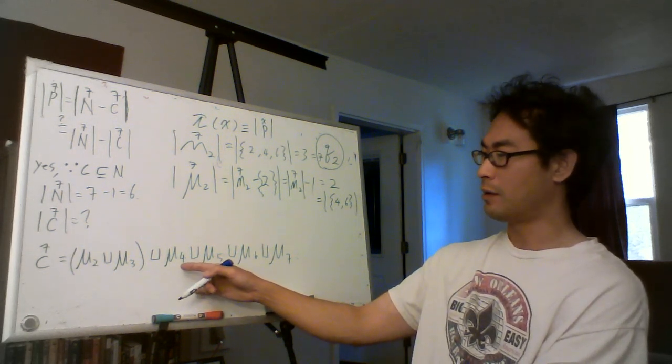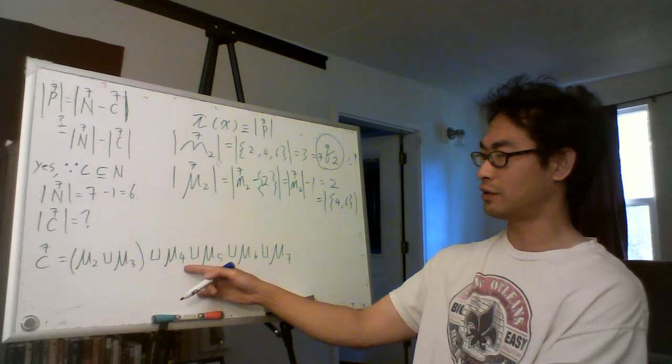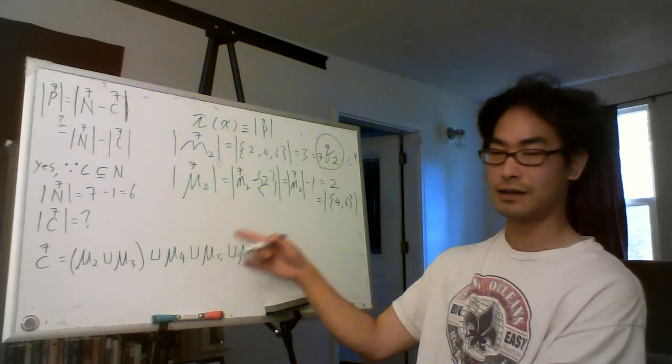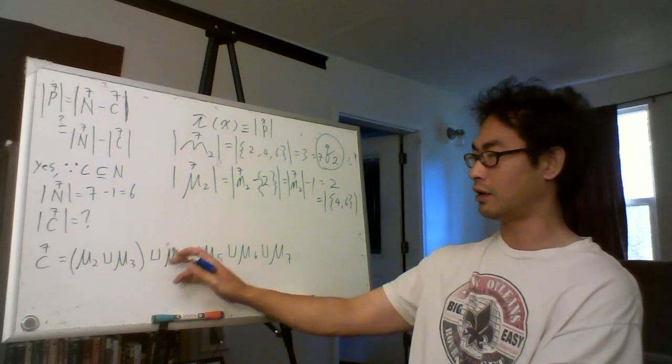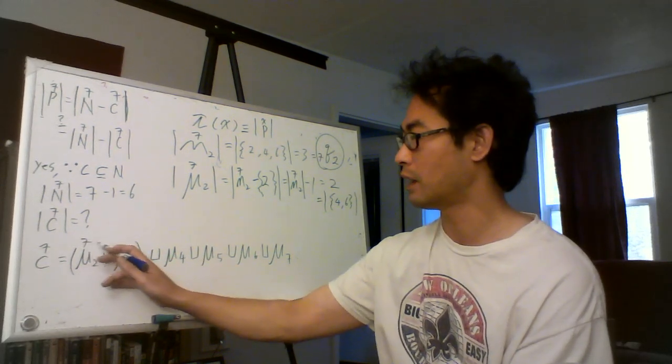Multiples of 4, like 4, 8, 12, but it has to be under, I'm sorry, top 7.